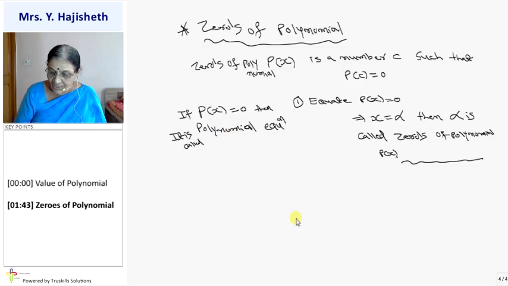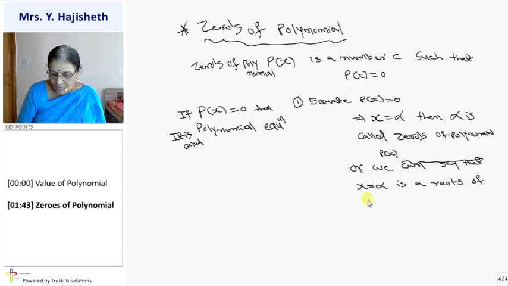What is called? x is alpha, then alpha is called zeros of polynomial p(x), or we can say that x is alpha is a root of polynomial equation p(x) is 0.